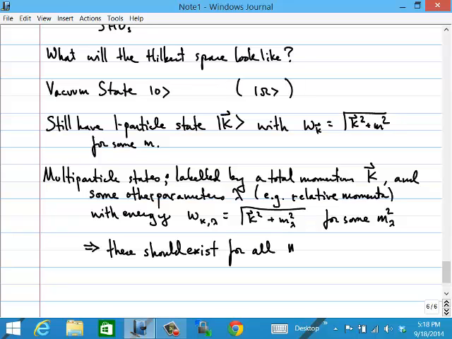And in particular, they should exist for all m_lambda squared which are greater than or equal to 4 times m squared. So m is the mass of a single particle state. If you have two particles, they'll have mass 2m, and so the square of that mass would be 4m squared. So whenever you have two particles with no relative momentum, you would expect their mass squared to be just 4m squared. But if you give them some relative momentum, that would increase the effective mass.